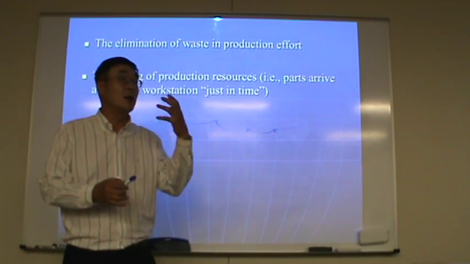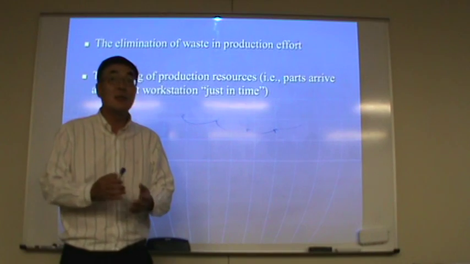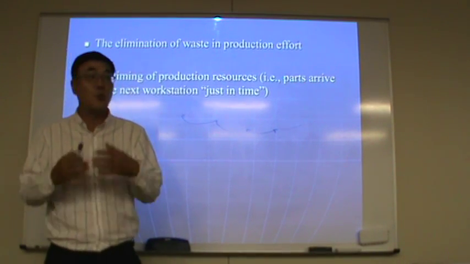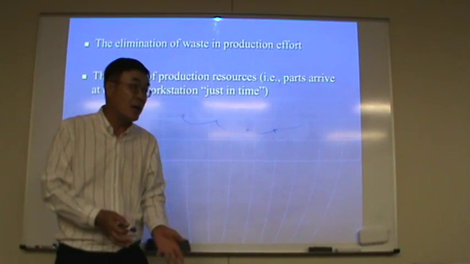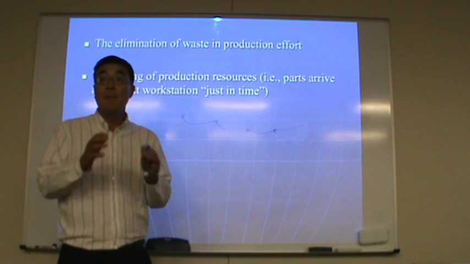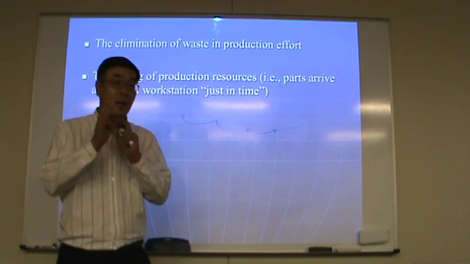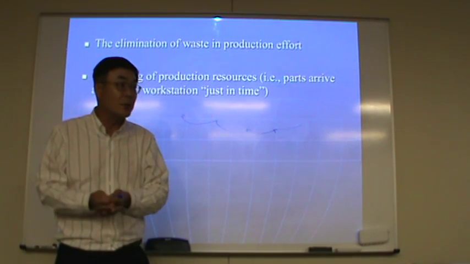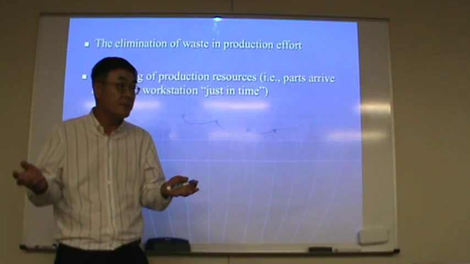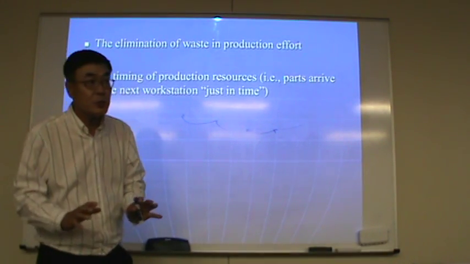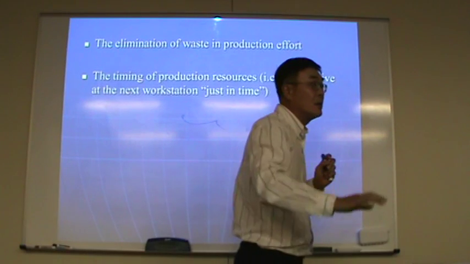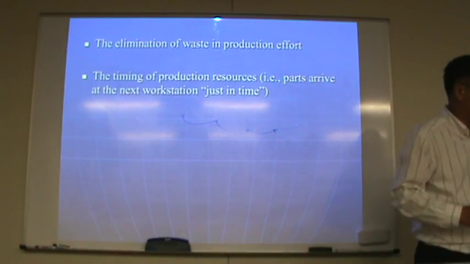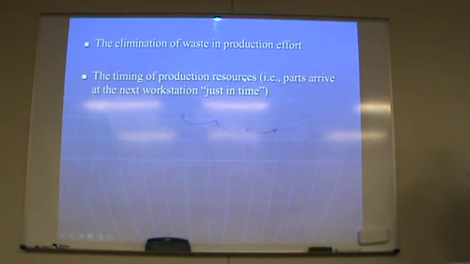Unnecessary employees, unnecessary time, such as waiting time, setup time. So many unnecessary things: time, cost, space, and so on, right? Reduce or eliminate unnecessary things, waste, in this JIT system.